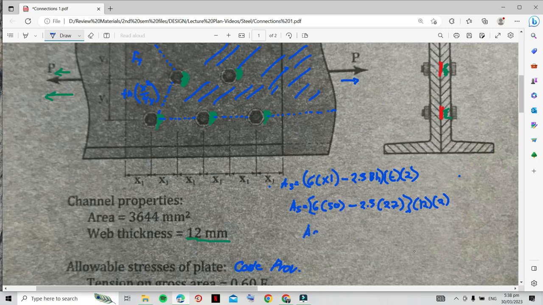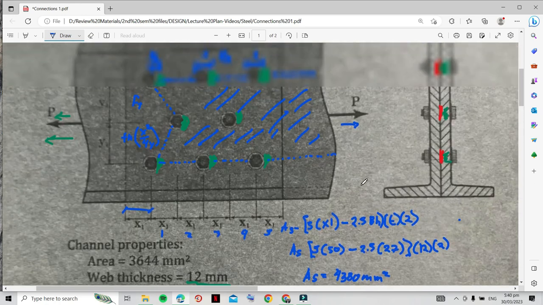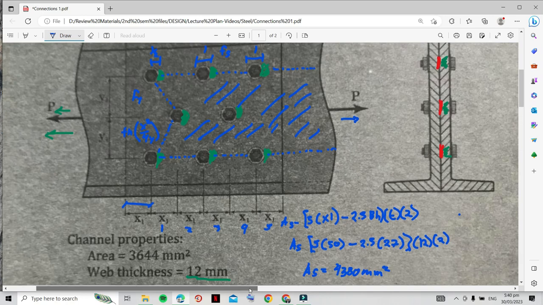So area shear is equal to, okay, we made a mistake. There are only 5 x1, because the other x1 is not included on the shear plane. There are only 1, 2, 3, 4, and 5. So 5 x1. You have AS, the area on the shear plane, of 4380 mm squared. Okay, so that's the area that will experience shearing.